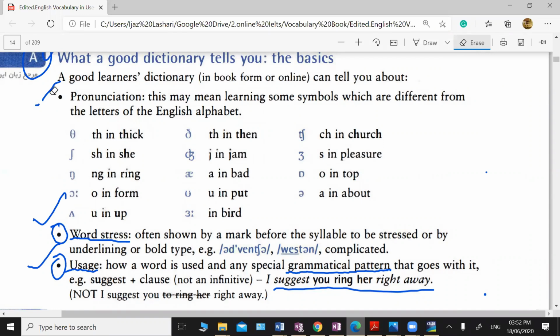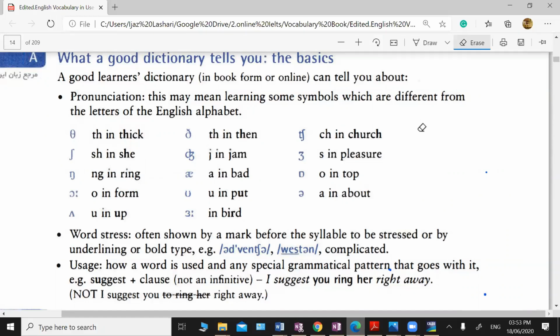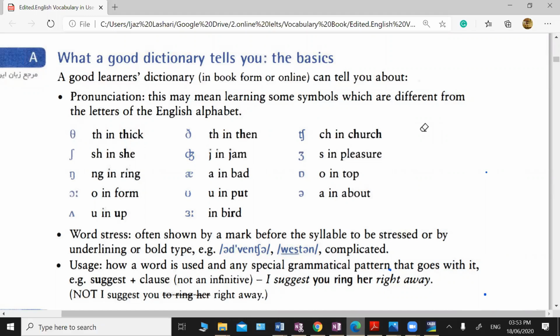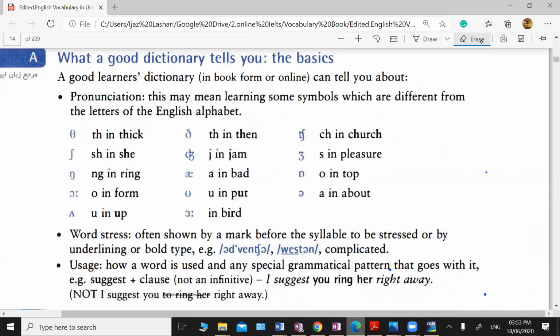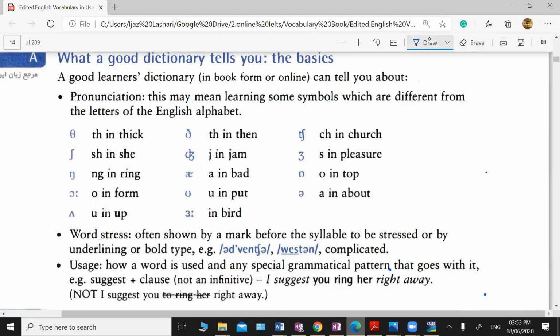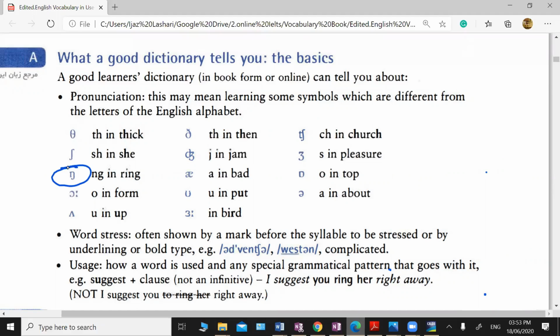The symbols are here. It's a kind of practice. You can look at different symbols and find. I remember there was one sound like this one. Symbol one like this.